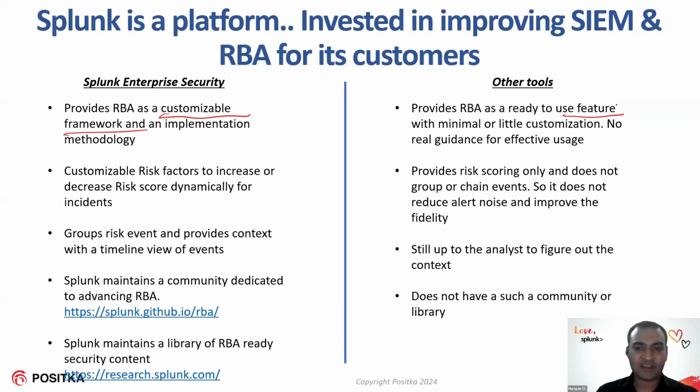We can set up conditions to increase or decrease risk scores, but it does not allow the customization that Splunk offers. And Splunk also gives us an implementation methodology. It gives us stages in which we have to approach it. It guides us on how we should be implementing it for an effective RBA.